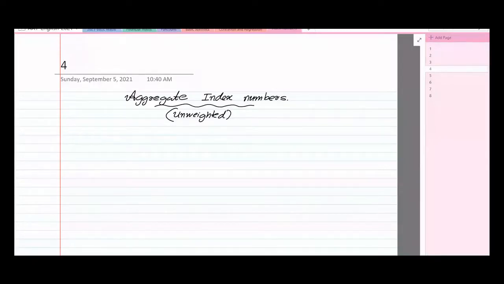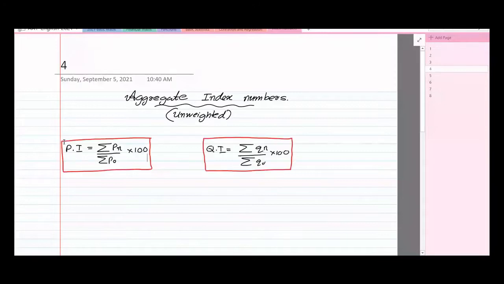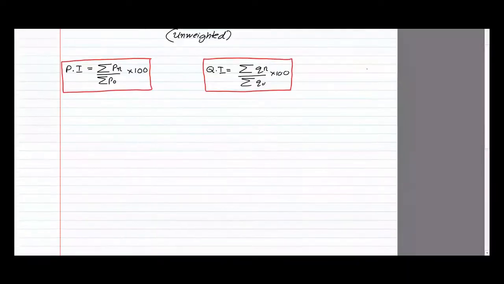The previous one, actually, we didn't combine them. We are combining multiple items. Now these are the equations. We combine these items.